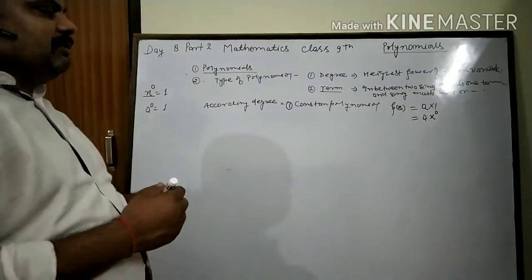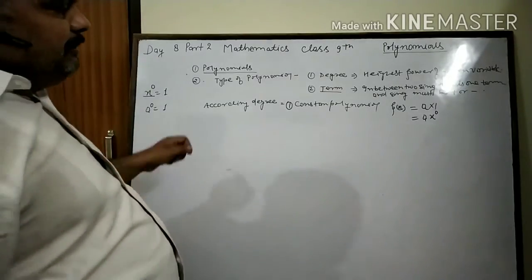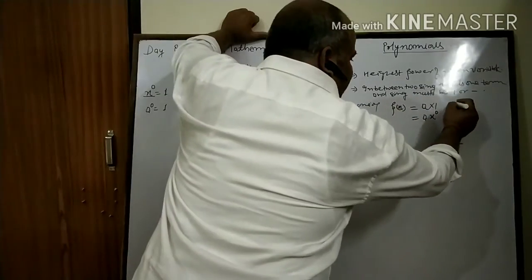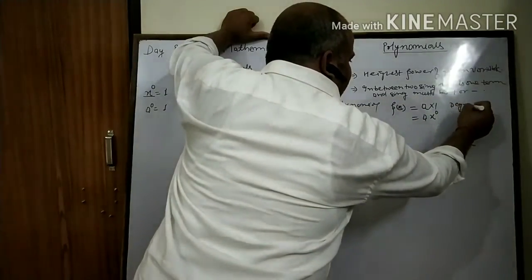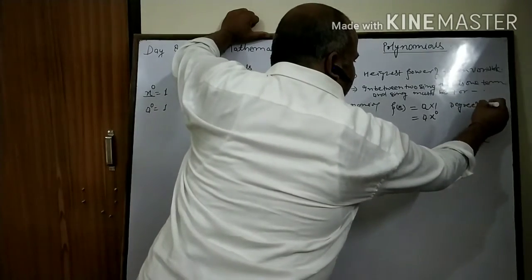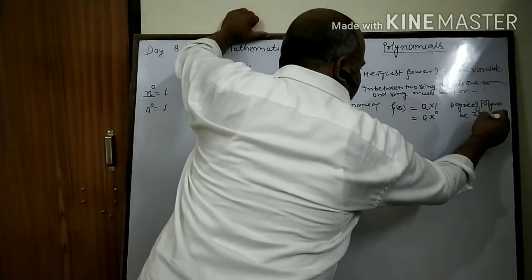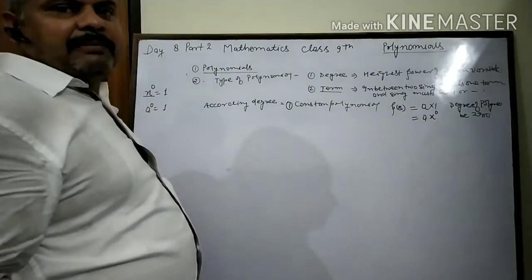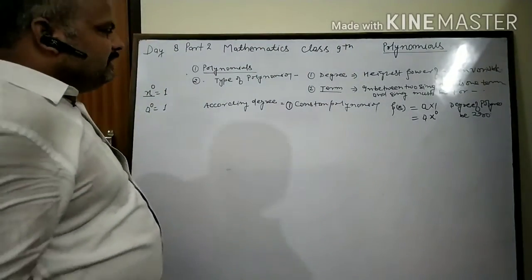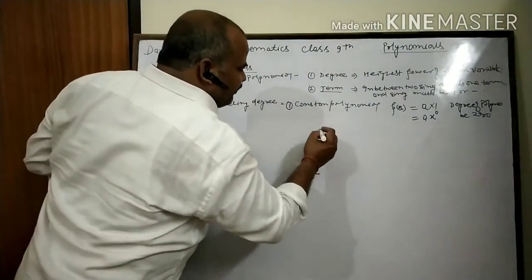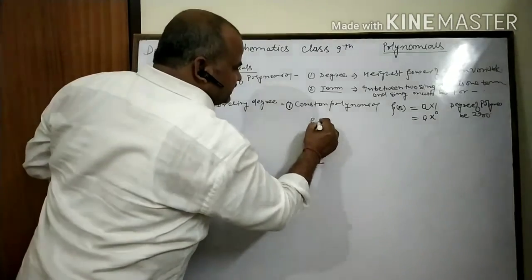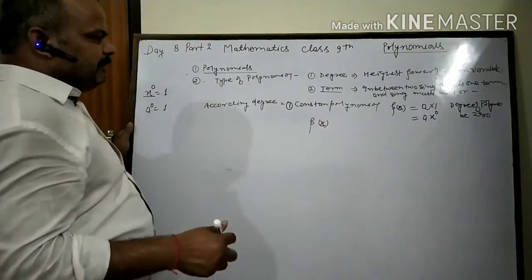It means if you define the constant polynomial, then you say if the degree of the polynomial be 0, then it is the constant polynomial. In the same way, suppose in the first exercise you have this type of question.